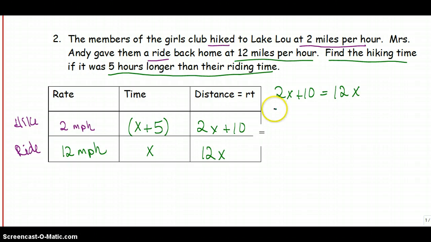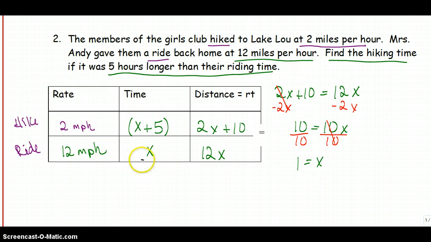Need to isolate the variable. I'm going to subtract 2x from both sides. So now I have 10 is equal to 10x. Going to divide both sides by 10. So 1 is equal to x.